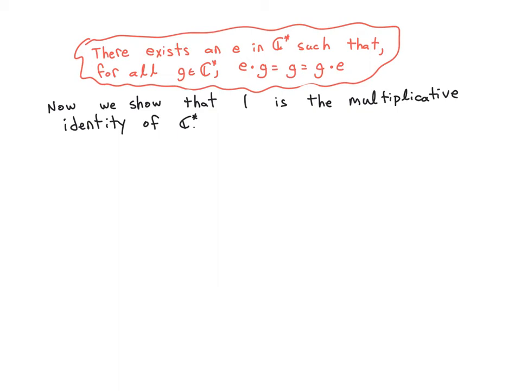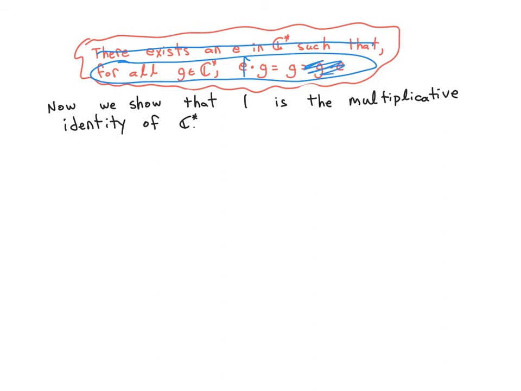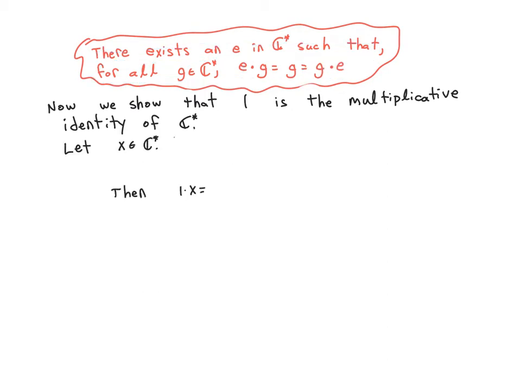So all we need to do from here on out is check this part with our given choice. And as we've seen before, it's really just that calculation we need to do. So you just let x be a non-zero complex number, and you compute what 1 times x is.